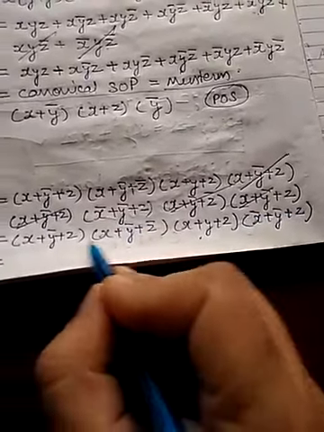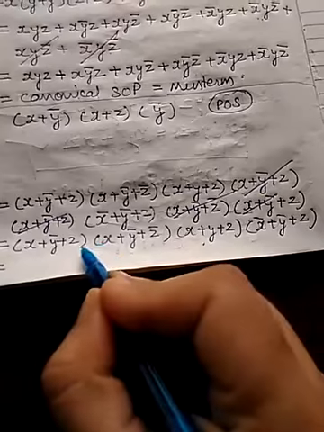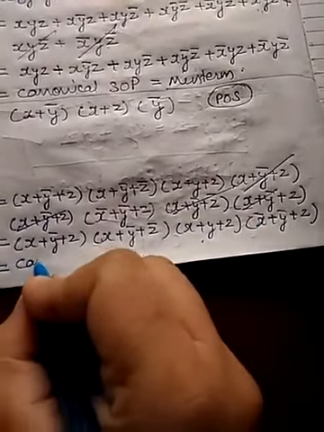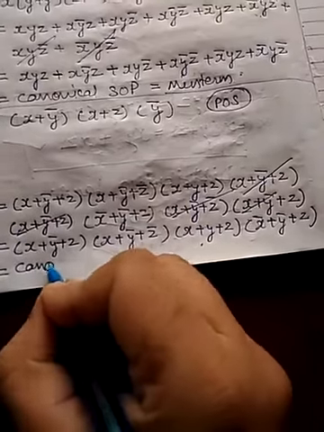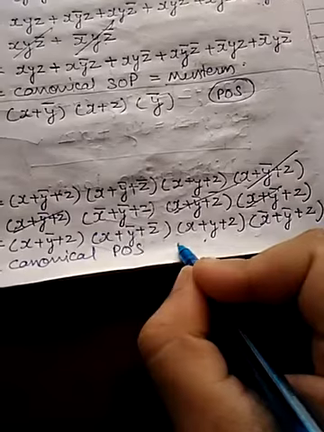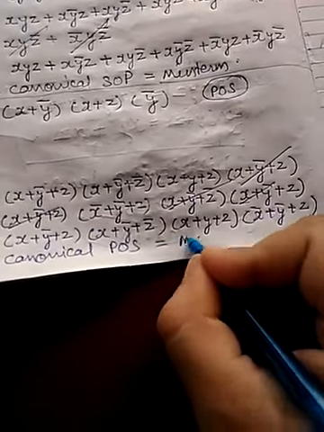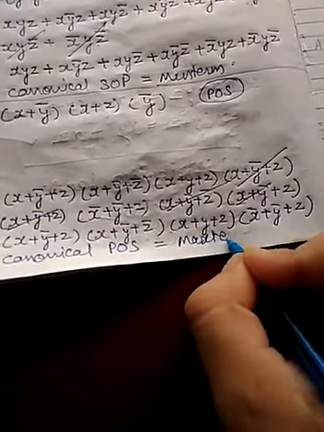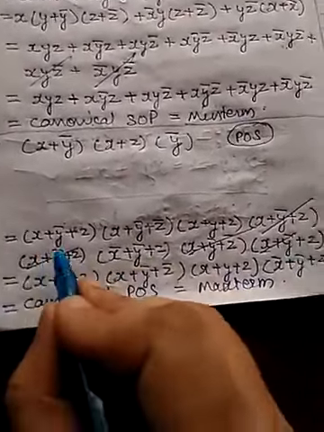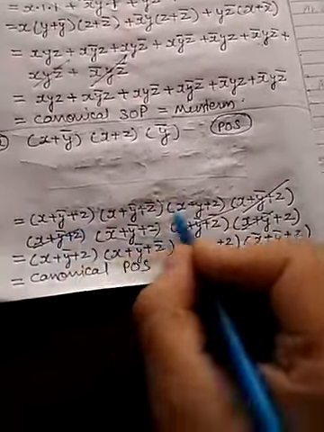All the terms are in the form of a sum, and there is a product between all the terms. Then we can say that it is the canonical product of sums, which is equal to the max term. Now again the question is, how have I directly written this term?